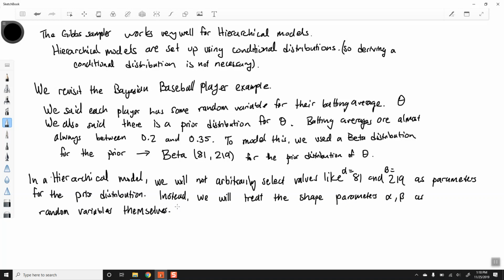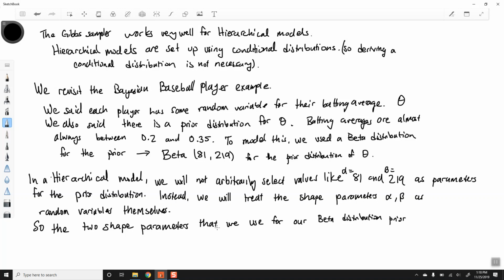That means the two shape parameters of our beta prior will come from some other random distribution.